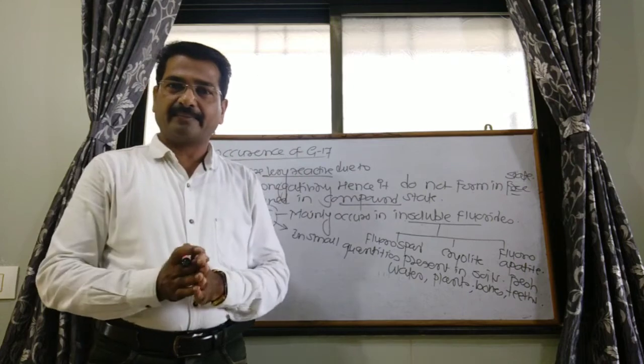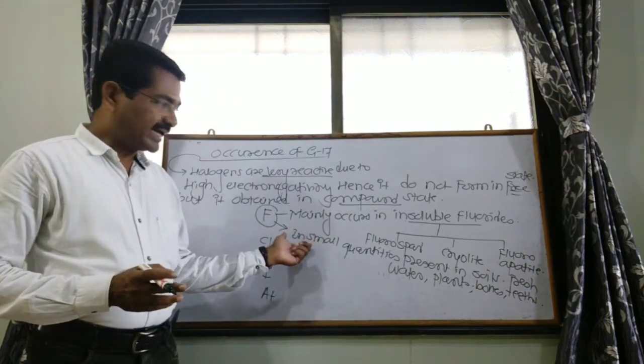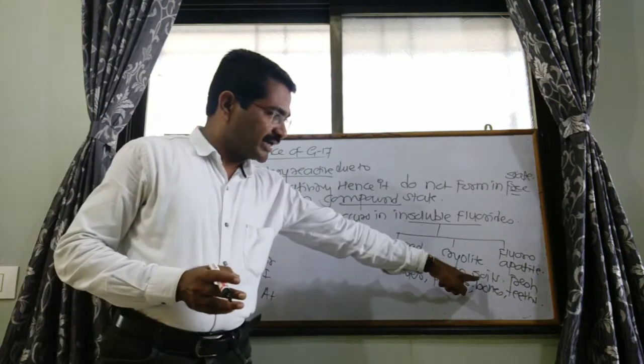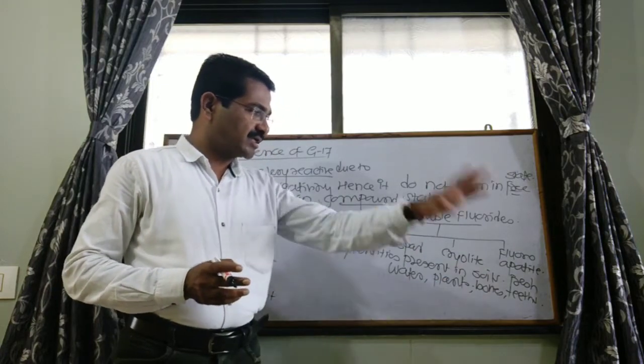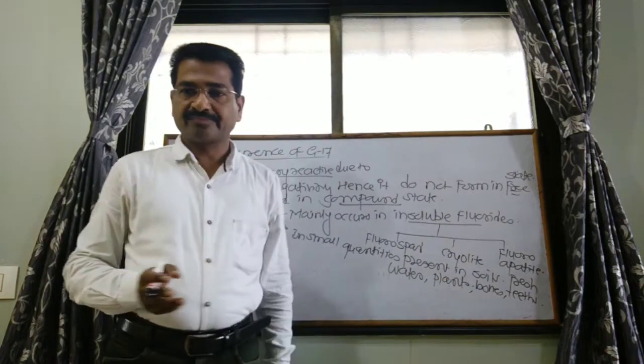In small quantity, fluorine can also occur in soils, fresh waters, plants, bones and teeth.